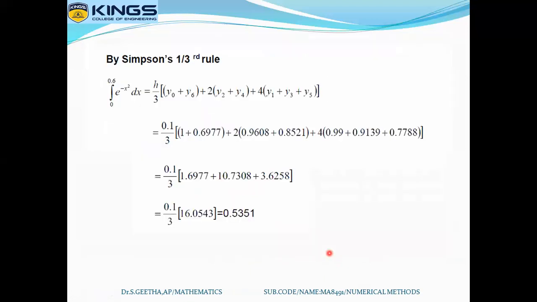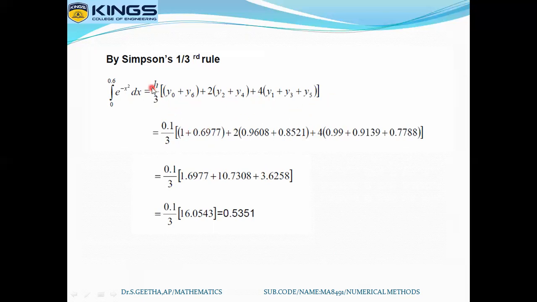Now, write the formula. Simpson's 1/3 formula states that integral 0 to 0.6 e power minus x square dx equals 1/3 h into the sum of the first and last ordinates plus 2 times the sum of the even ordinates plus 4 times the sum of the odd ordinates.